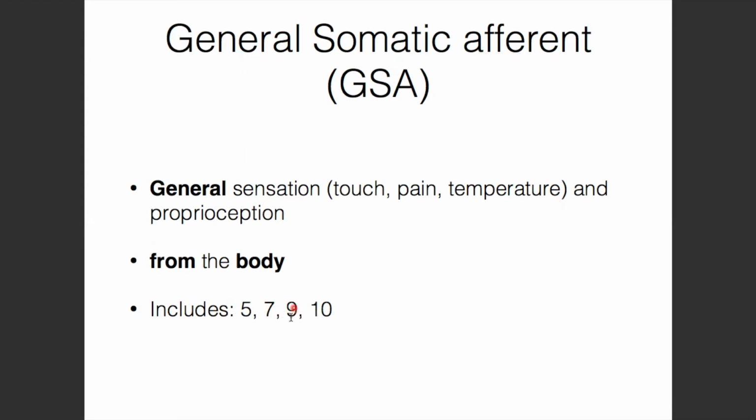The glossopharyngeal takes normal sensation from the tongue. The vagus takes sensation from the external ear, and so on. Shortly we'll try to think about each nerve and what its functions are so we can derive its components. But basically, the idea of the general somatic afferent is that it takes ordinary sensation that any other nerve can take.